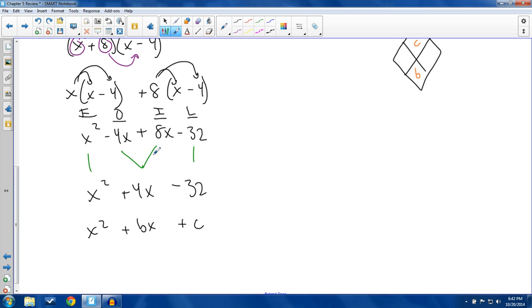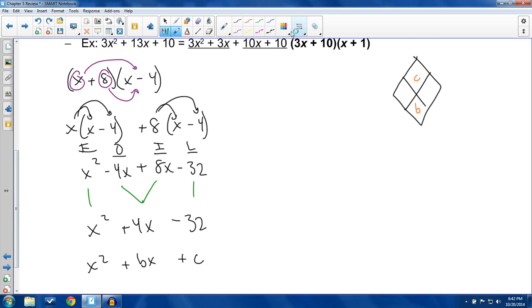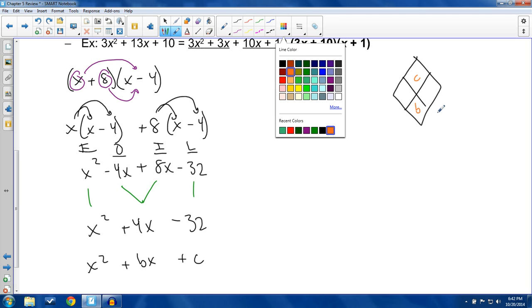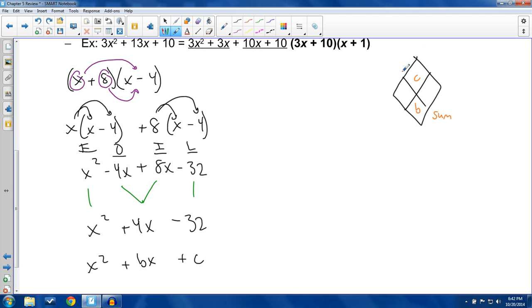Negative 4 plus 8 combined to this number. That's why we call it a sum. We ask what two numbers add to b, and we also want to find out which two numbers multiply to c. Because if you noticed, your last numbers here were 8 times negative 4. They were your two last numbers here, and these happen to be the product in the end right here.